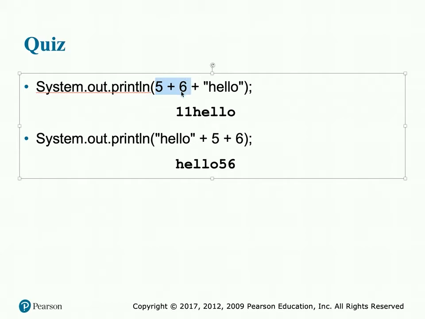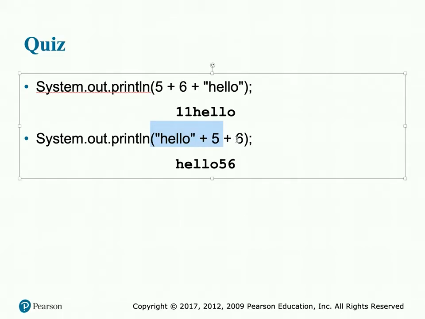Integer plus integer yields integer. So 5 plus 6 is 11. Integer plus string. So 11 plus the string hello will yield the result of 11HELLO. But if the order is changed, string plus integer yields string. So this becomes hello 5 and is a string.